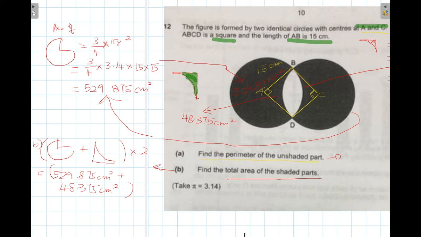Why times 2? Because there are 2 of this thing, this one and then this is the second one. So times 2, we'll have a figure of 1156.5 centimeters squared. Okay.